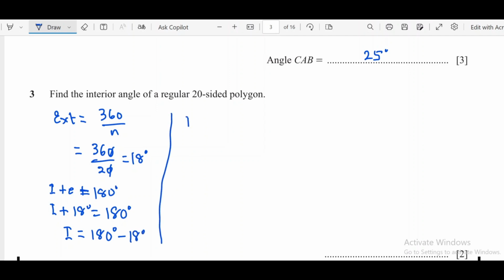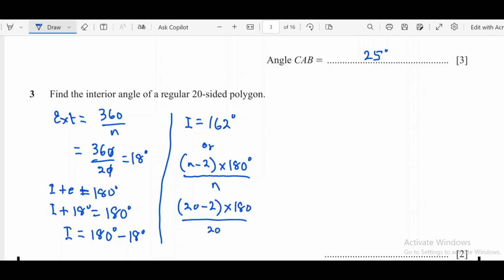Okay, so the interior angle here is going to be 162 degrees. Or another method is we can use the fact that this is the sum of interior angles of any n-sided convex polygon. But when we divide by n, we'll get the size of one interior angle. So put 20 for the number of sides here. Okay, and we divide by 20. This is another method. We can use any of these two methods.